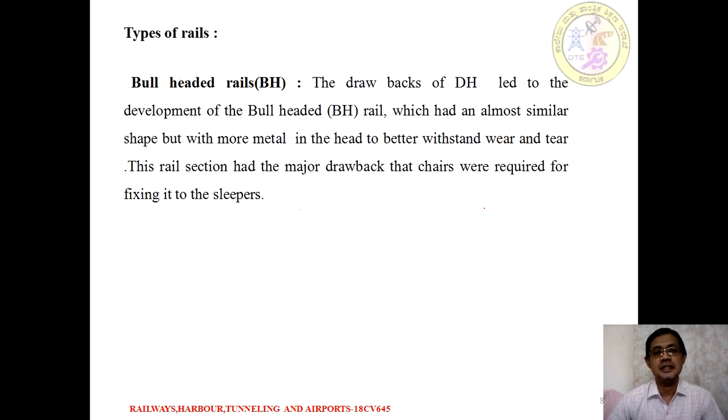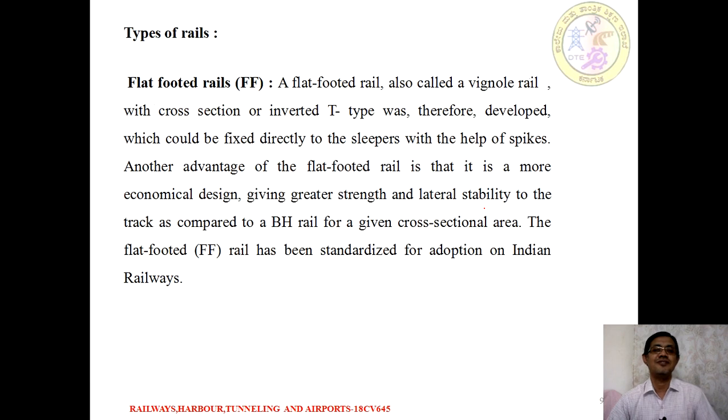Moving on to the next type, it is called flat-footed. As the name itself indicates, the foot is a little bit longer. It is also called Vignole rail. This section is called an inverted T type. It is fixed directly over the sleeper with the help of a spike.